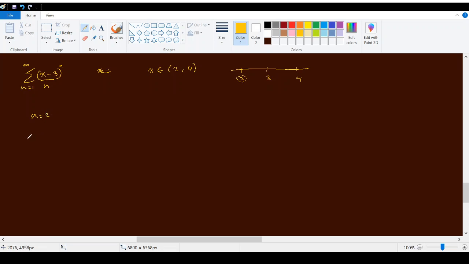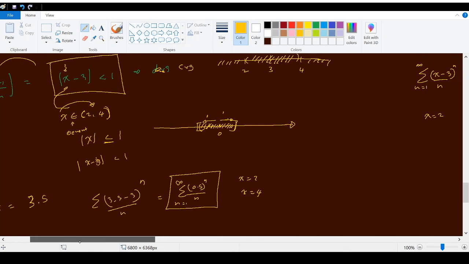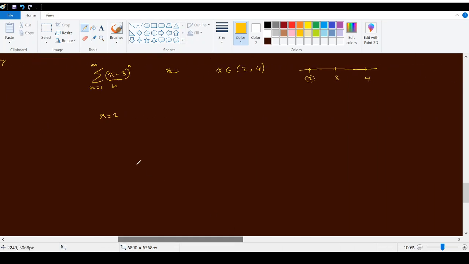If we go back to the ratio test and x is equal to 2, then the limit of the ratio test will be equal to the modulus of x minus 3, that is the modulus of 2 minus 3, and that is equal to 1. And remember, if the limit is equal to 1 in the ratio test, the test is inconclusive.